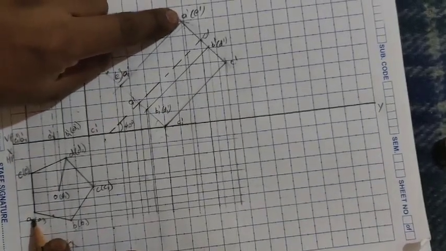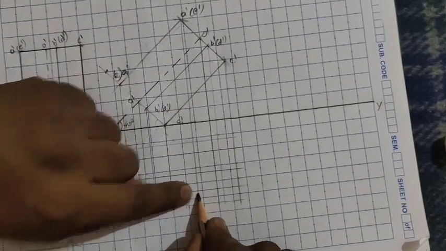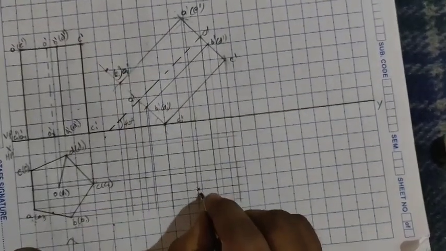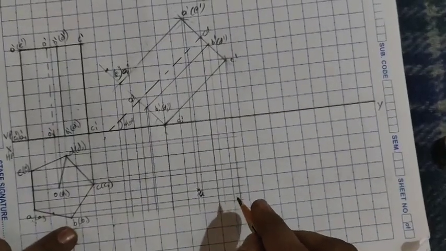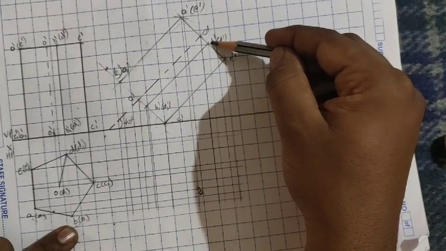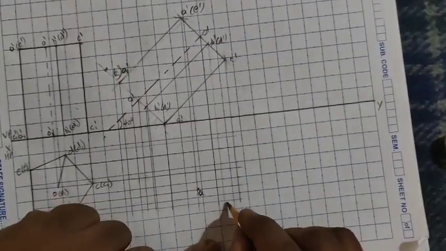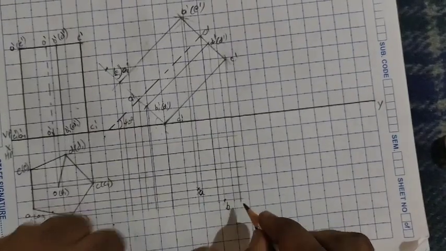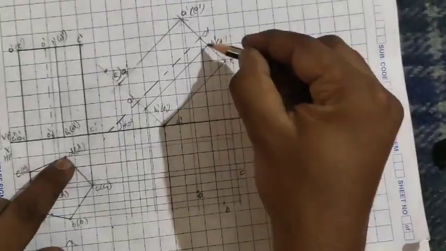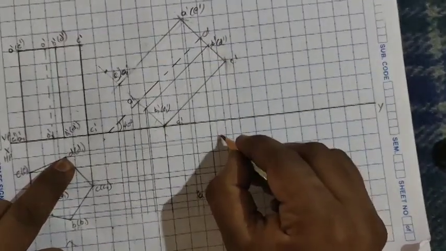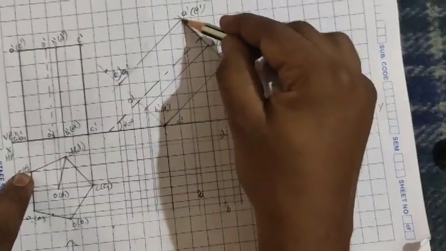They both meet here, so I'll name this A. Next, this is B and this is B dash. They both meet here. Similarly, this is C. Next, this is the same line D. Next, this is E, and here E dash.